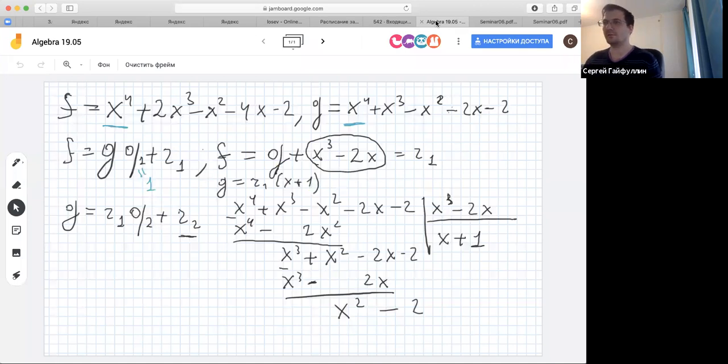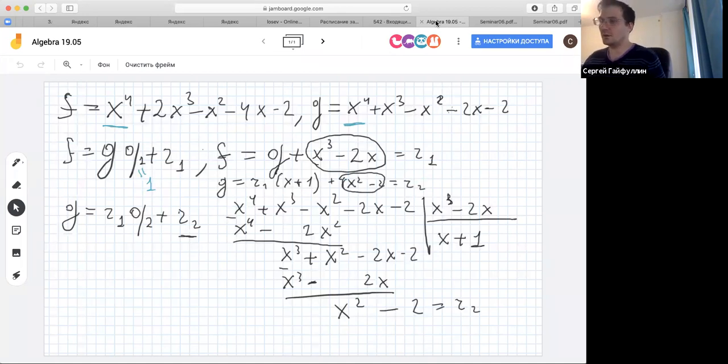And I'm sorry, x plus 1 is here. And the remainder is x squared minus 2. So this is R2, x squared minus 2, which is R2.